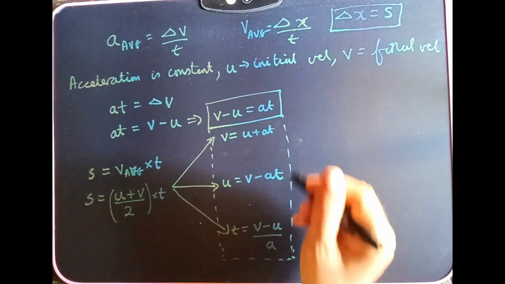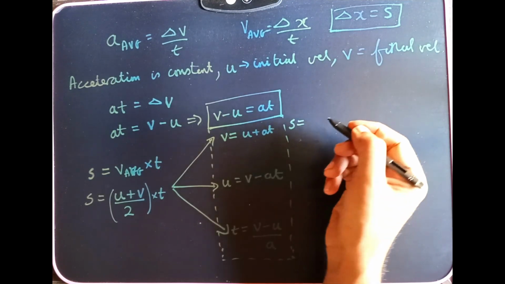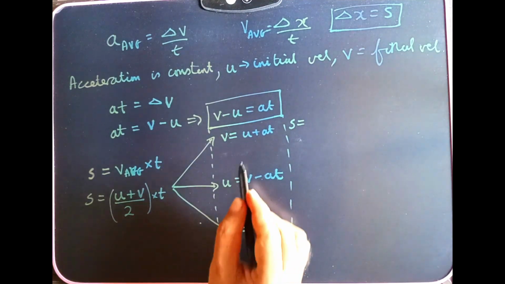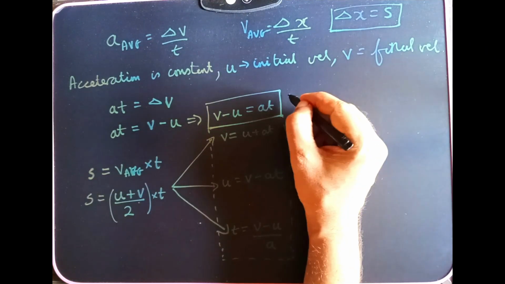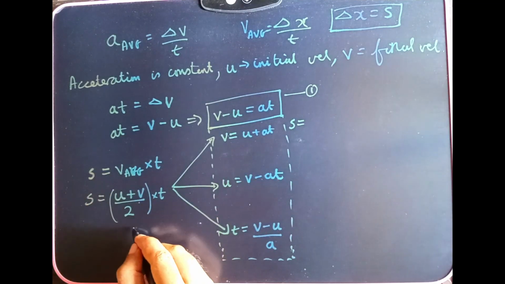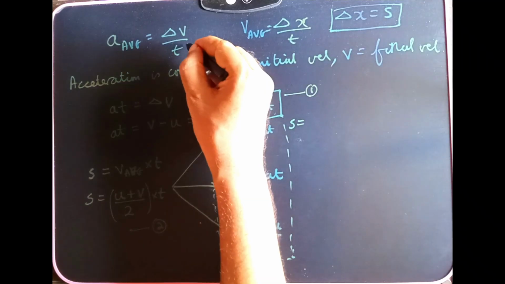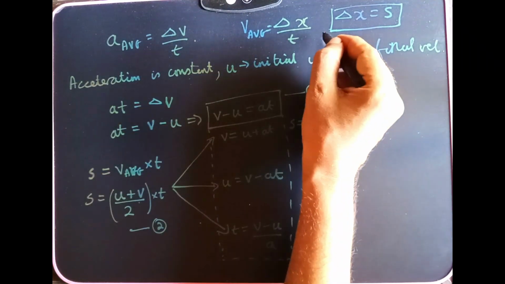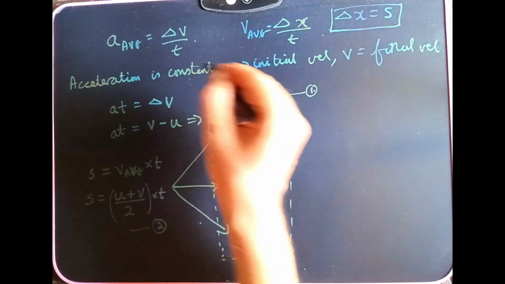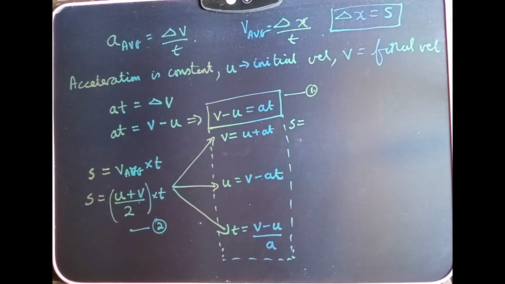So now I can write displacement equal to, I can put the value of v in this particular formula. That means this is my first formula and this is my second formula. The first formula I got from average acceleration, and the second formula I got from average velocity.